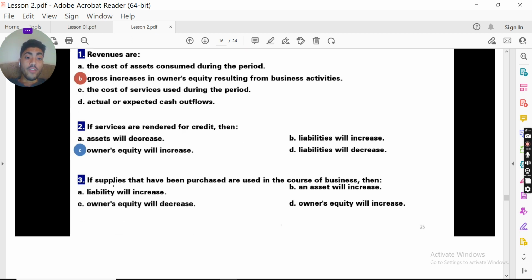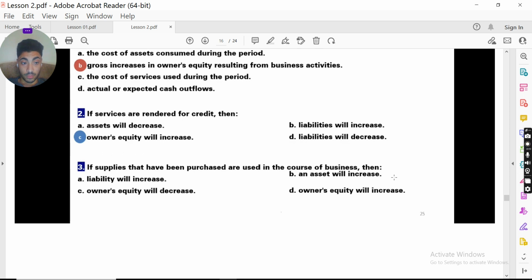Number 3, if supplies that have been purchased are used in the course of business, then, let's read again. If supplies that I bought are used in the course of business, then liabilities will increase, assets will increase, owner's equity will decrease, owner's equity will increase?